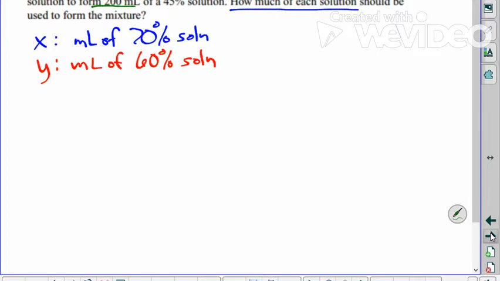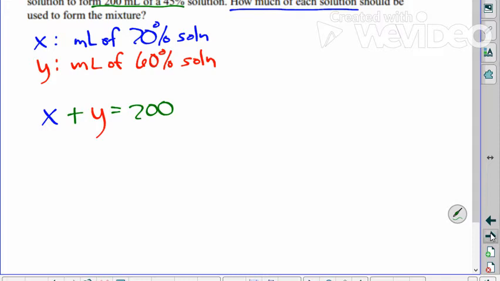We want 200 milliliters to begin with. Well, all of those milliliters are going to come from a combination of these two things. And so X stands for milliliters of the one, and if I add that onto the milliliters of the other, then this statement up here says that I should end up with 200 total milliliters. So there's one of my equations.